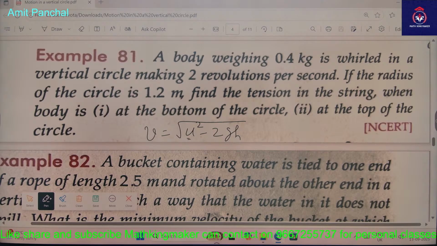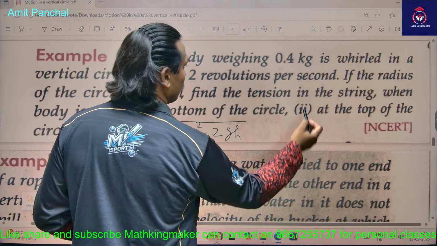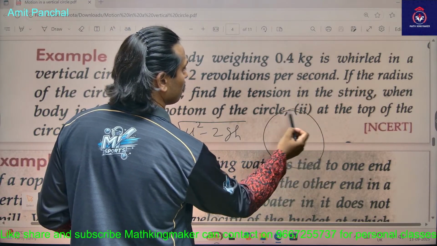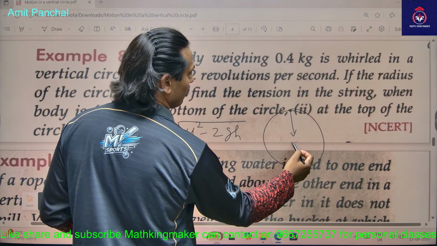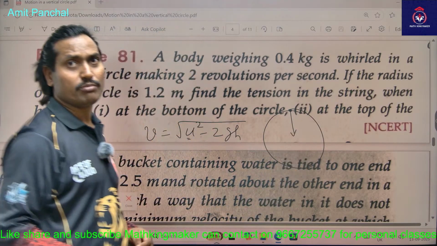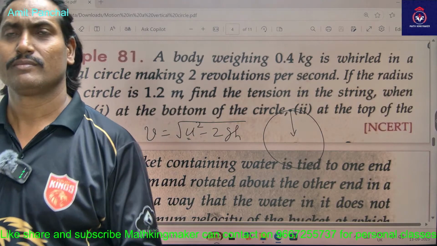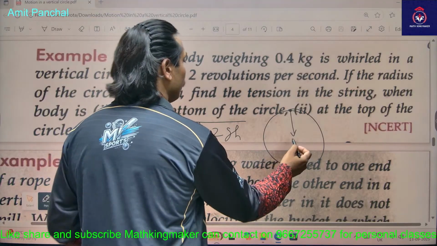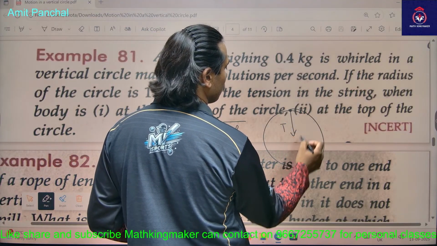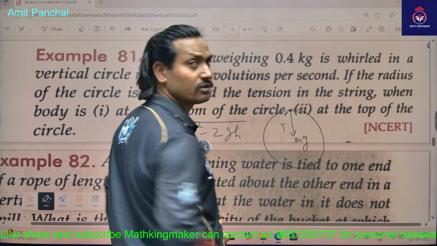What will be the tension at top? I need to find that out also. If you're talking about the top, at this point tension and mg both will be downward. So they will be added to produce centripetal force.